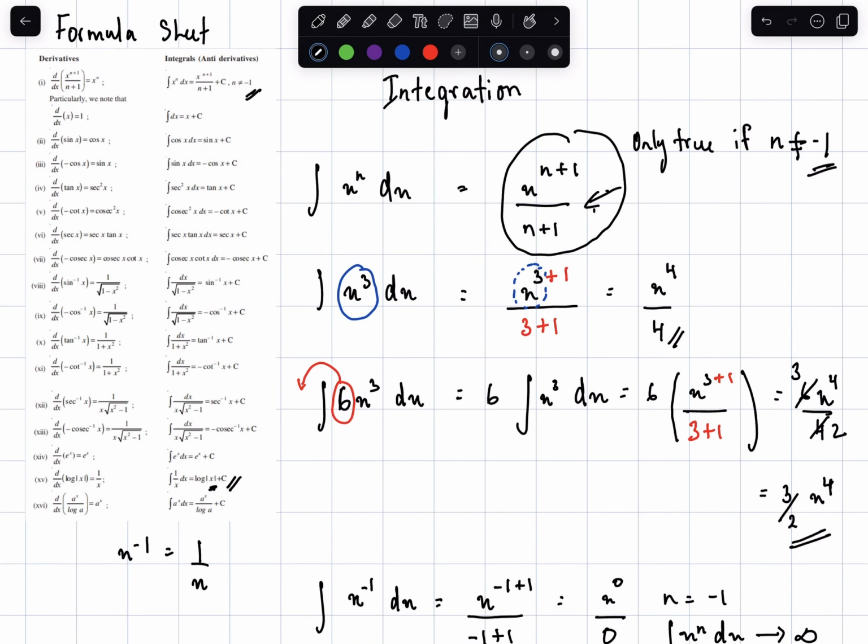Now that we've understood this, let's look at the exercise questions. I'll be solving exercise 7.1 in the CBSE NCERT book. So let's look at this. Exercise 7.1. Let's do one question at a time.